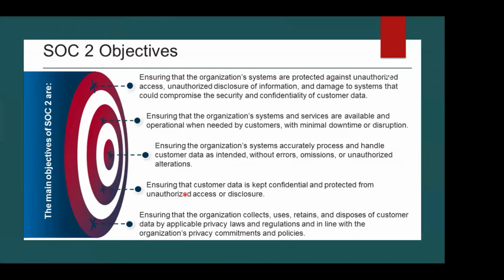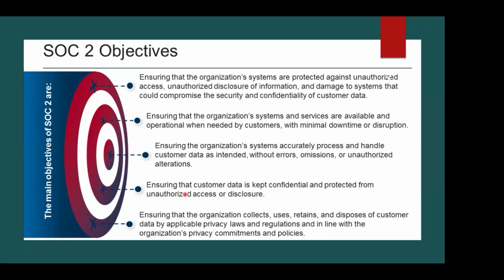Very high level objectives, it basically helps to ensure organization systems are protected against unauthorized access, unauthorized disclosure of information, and damage to the systems. It also helps to ensure organization systems and services are available and operational when required by the customer.